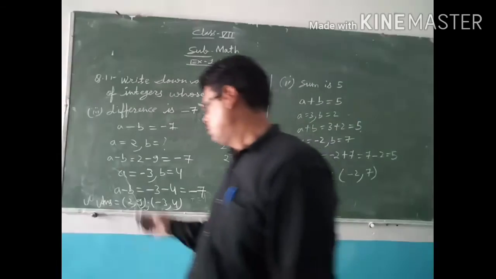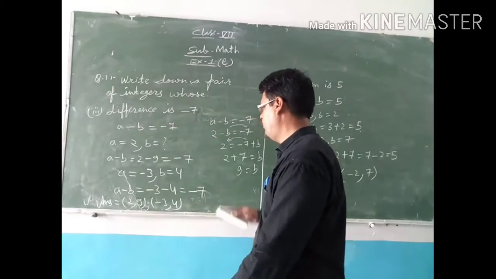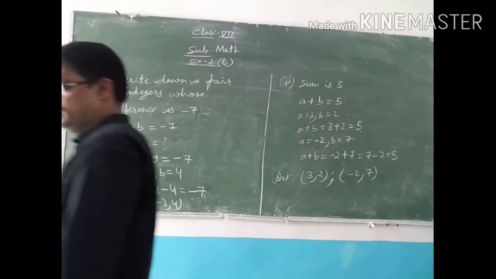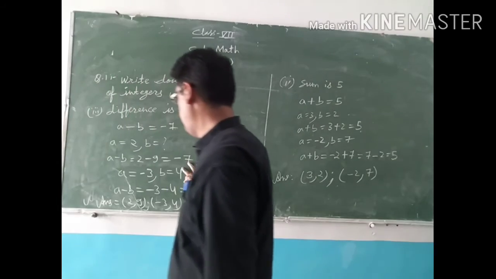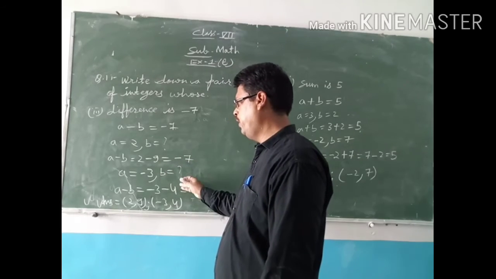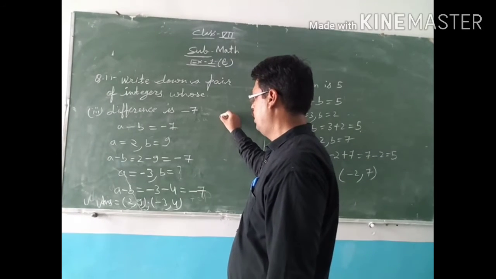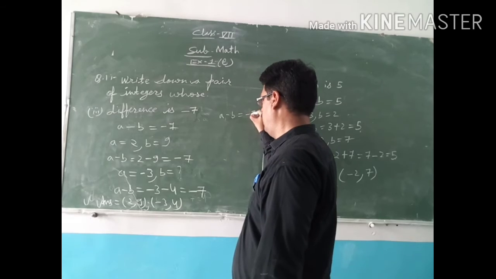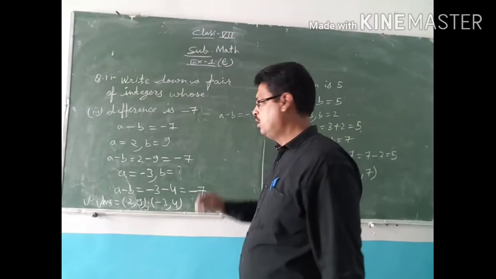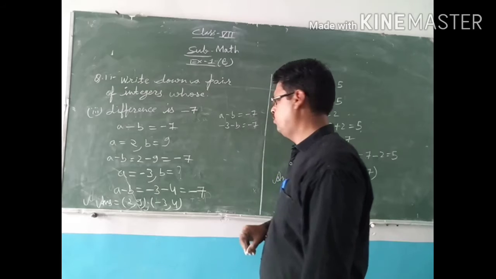Another case also you can see, when we have taken minus 3 as the first integer. Suppose one integer I have taken minus 3, and b I don't know what the integer is. Now look here, a minus b is equal to, we require minus 7. a value we have taken minus 3, so minus 3 minus b is equal to minus 7.